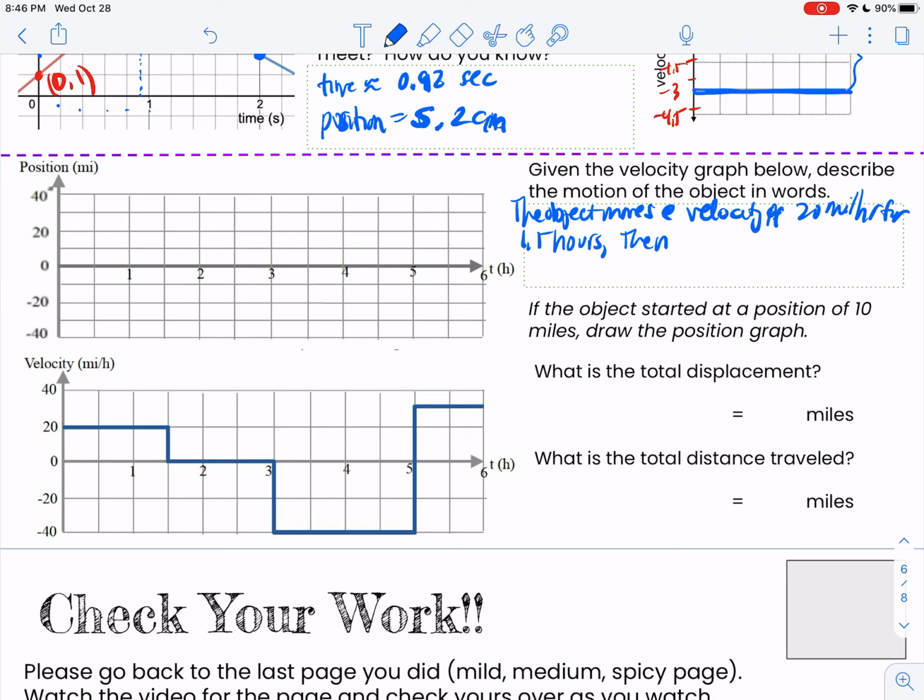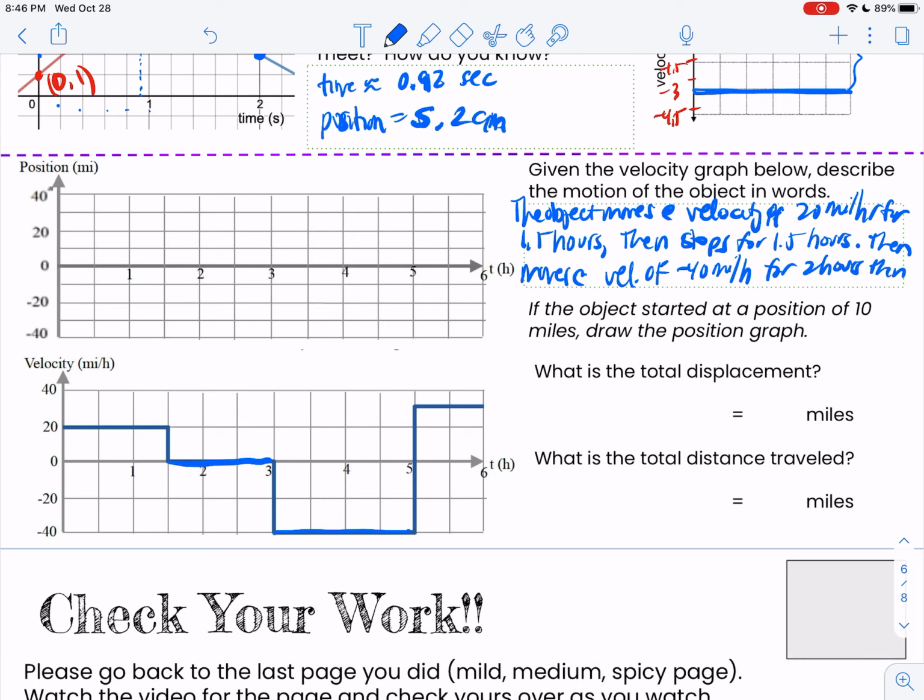Okay, then stops, right? That's a velocity of 0 right here for 1.5 hours. Then moves at velocity of negative 40 miles per hour, right? The other direction for 2 hours.